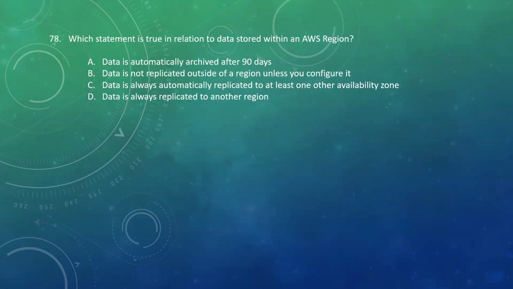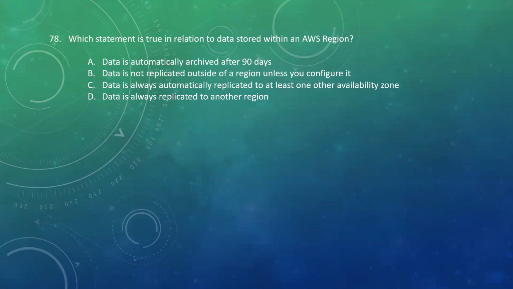Next question. Which statement is true in relation to data stored within an AWS region? Your options are option A, data is automatically archived after 90 days. Option B, data is not replicated outside of a region unless you configure it. Option C, data is always automatically replicated to at least one other availability zone.